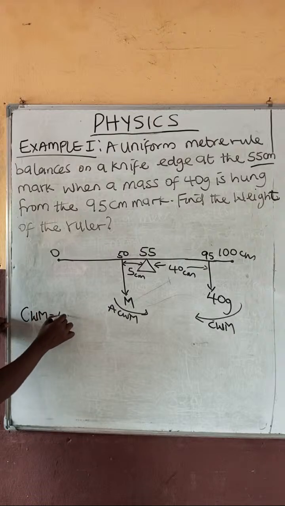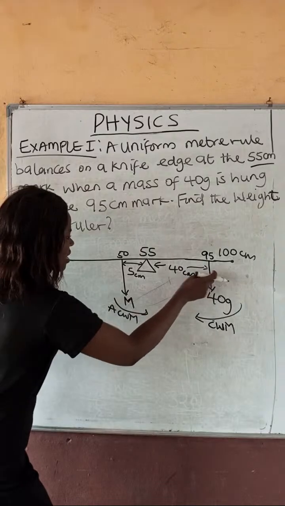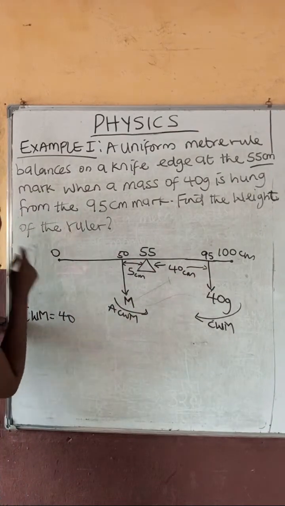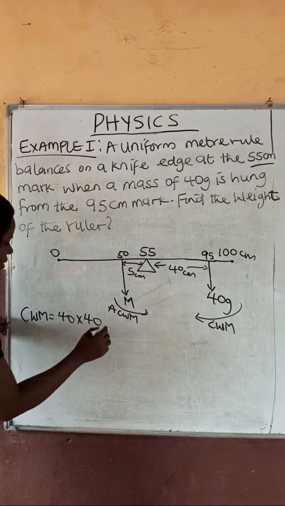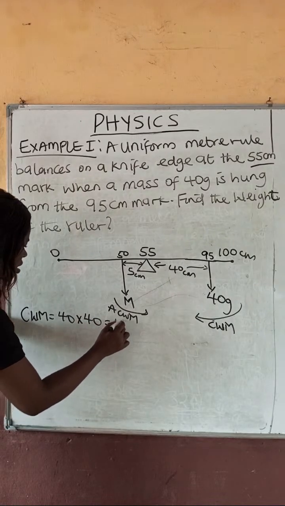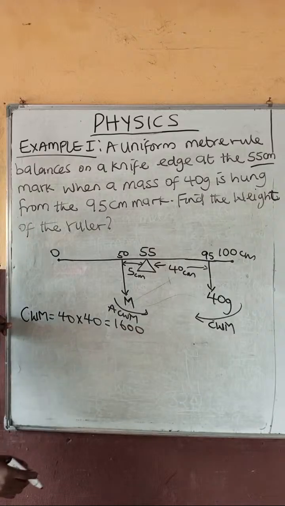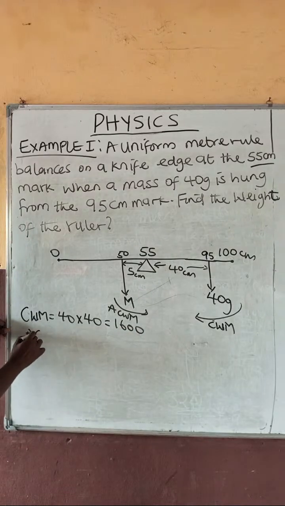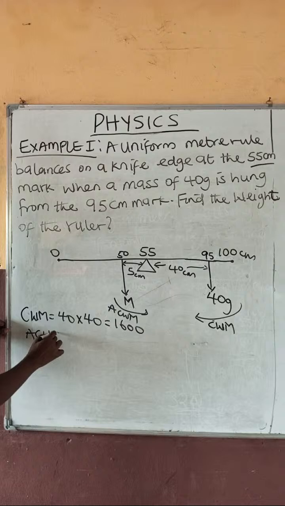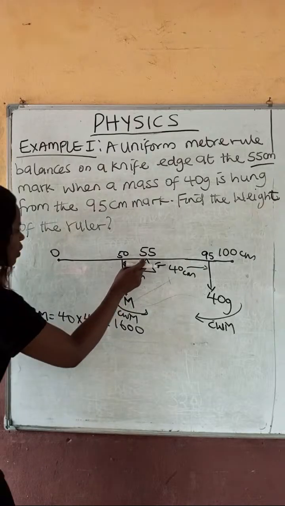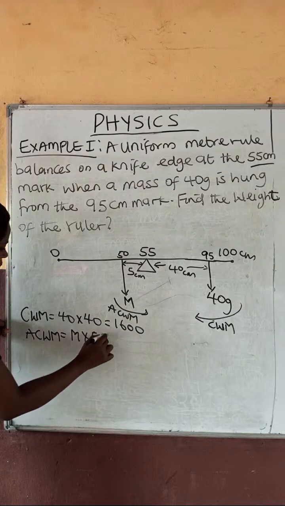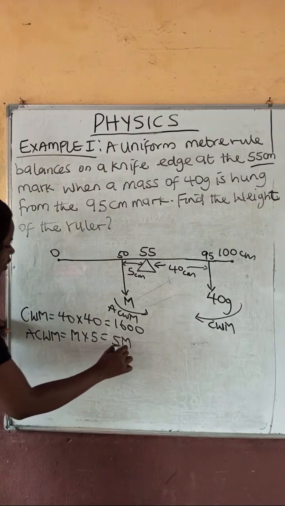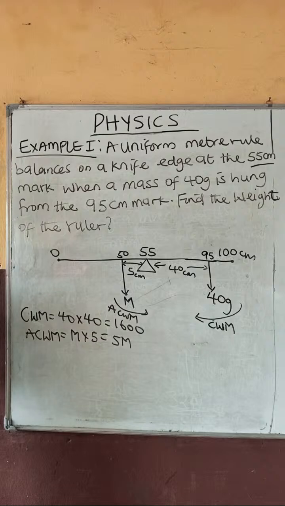is equals to 40 times what? 40. Okay? It's going to give me 1,600, right? My anti-clockwise moment, that is m times what? 5. It's going to give me 5m, right?